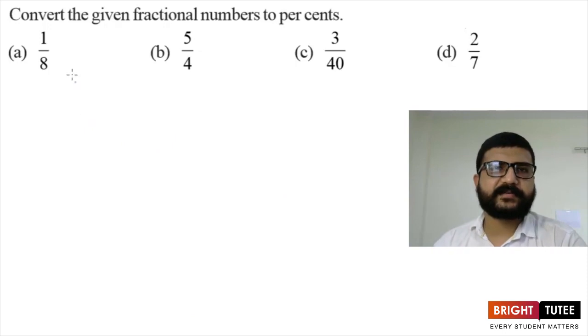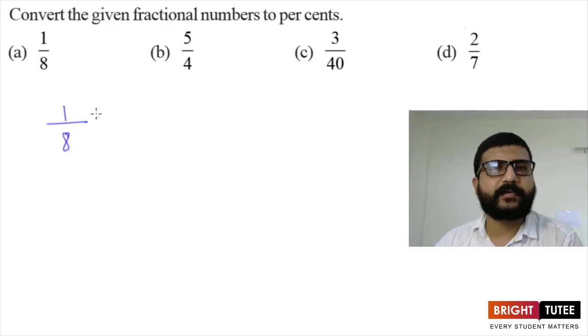Let's start with the first question. The question here is, convert the given fractional numbers to percents. The first one given is 1 upon 8. We have to convert this to percent. And how do we do that? We just simply multiply the given fraction with 100. So that's what we are going to do here.